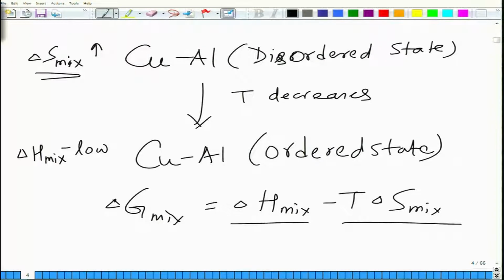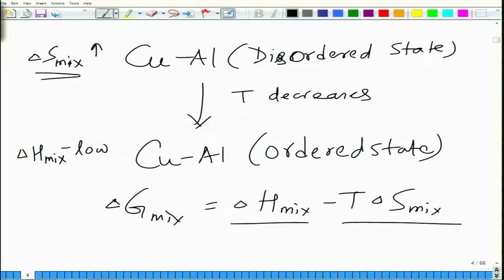At high temperature the minus T delta S mix term wins over the delta H mix term. As a result, the disordered phase is more stable, whereas at lower temperature the delta H mix term dominates over minus T delta S mix. The decrease in delta H mix is higher than the increase in this term as a result of reduced entropy. So delta G mix is lower for ordered systems.